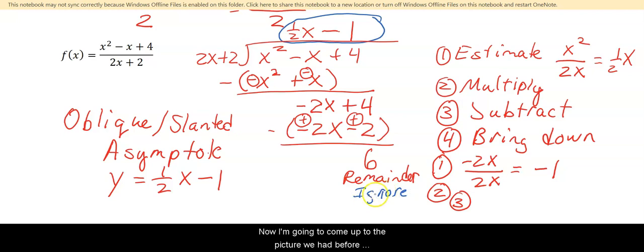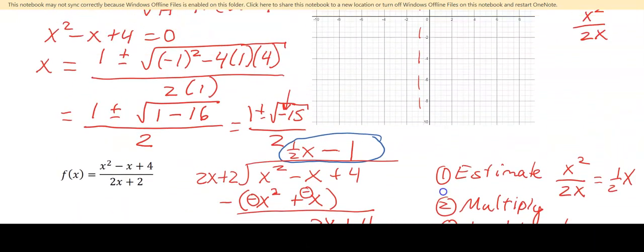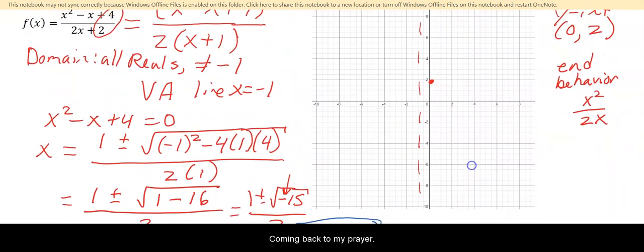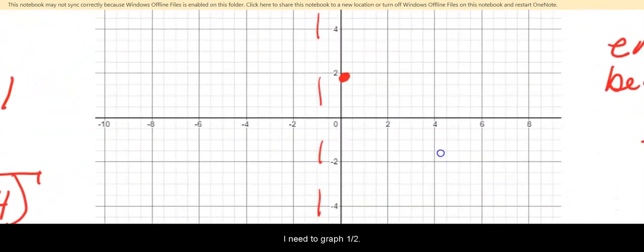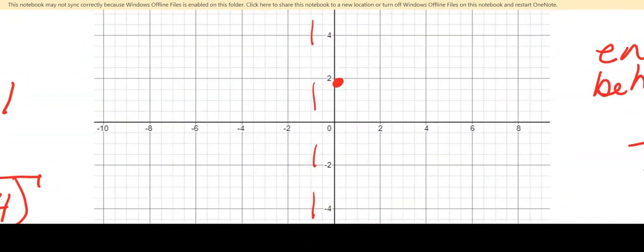Now I'm going to come up to the picture we had before and graph the line 1/2 x minus 1. Coming back to my graph, I need to graph 1/2 x minus 1. This will be minus 1 here, which I can put with an x, and 1/2 x means slope 1/2.